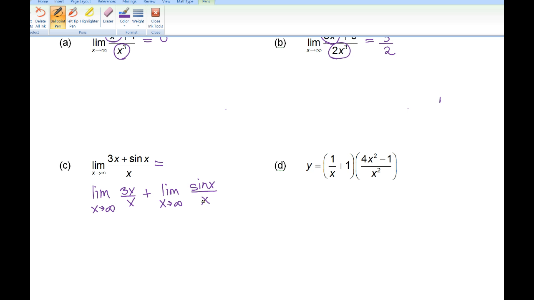So 3x over x plus sine x over x. This is not multiplication. If this was multiplication, then we would just put the x under one of them, but because it's plus, imagine if we had to combine these. What would you need? You would need a common denominator.